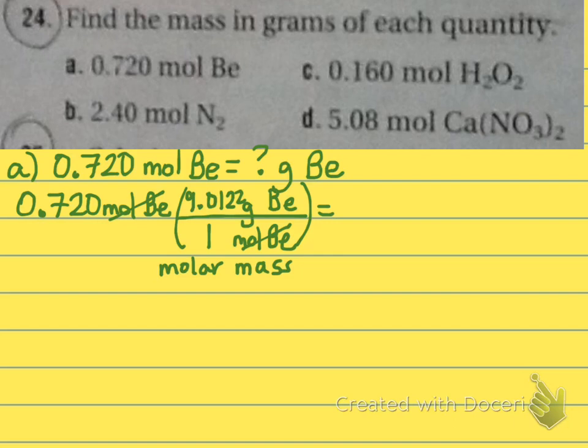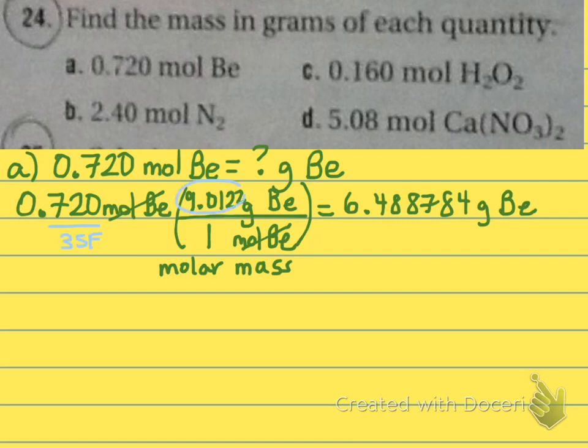And I should multiply those numbers. So 0.720 times 9.0122. Okay, so my calculator gives me 6.488784 grams of beryllium. But remember, I have to pay attention to significant figures now. This first number has 3 sig figs.